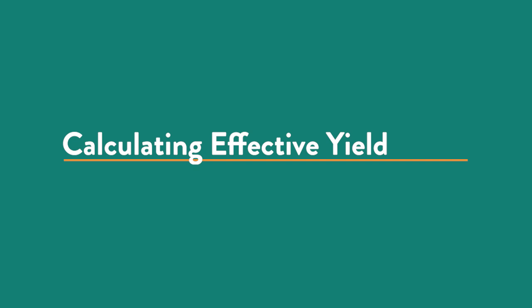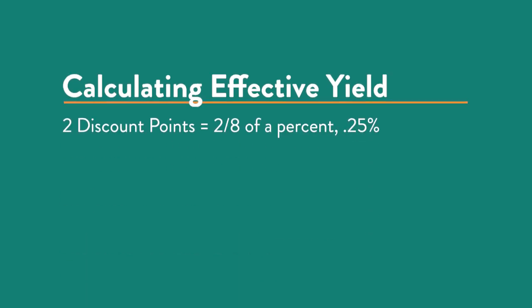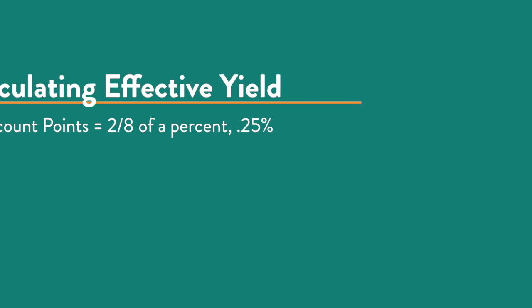You should remember that each discount point increases the lender's yield by 1/8%. So 2 discount points would be 2/8%. Or in this case, we do the math, 1/8 is 0.125, therefore 2/8 would equal a quarter or 0.25.